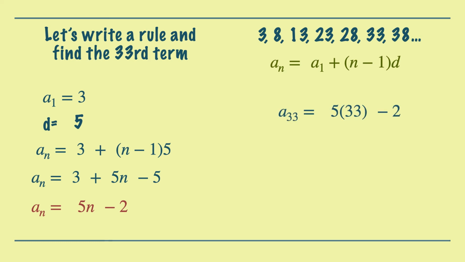So now I have a sub 33 is equal to 5 times 33 minus 2. All right, and when I do that, I get 165 minus 2, which is going to be 163. So my 33rd term of this arithmetic sequence is 163.